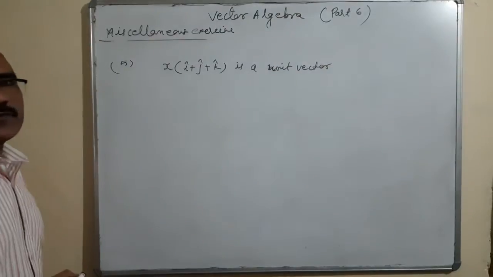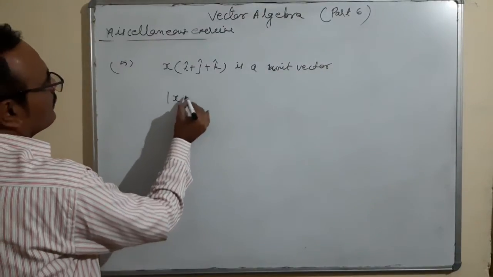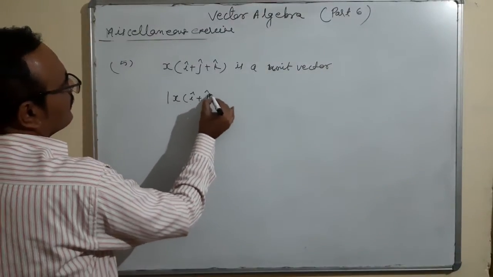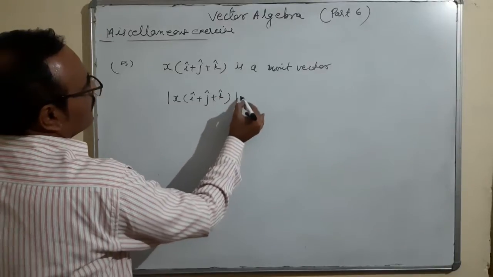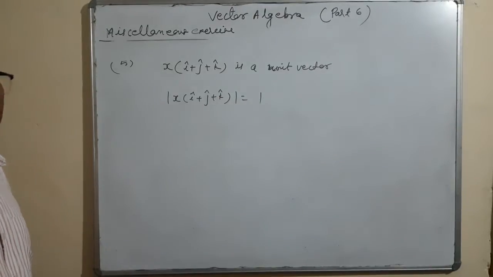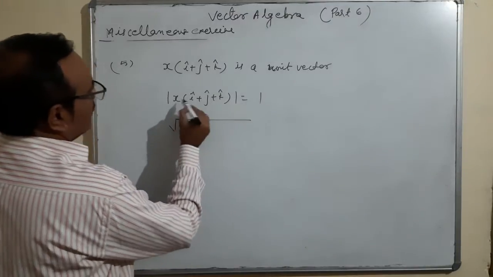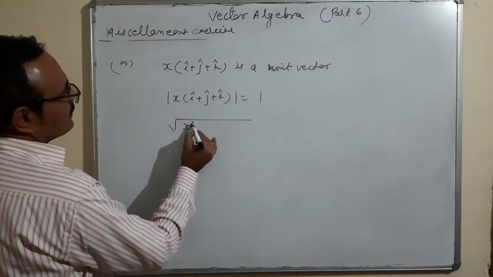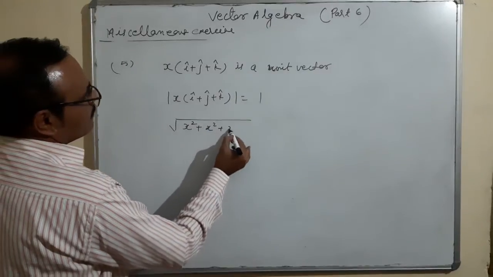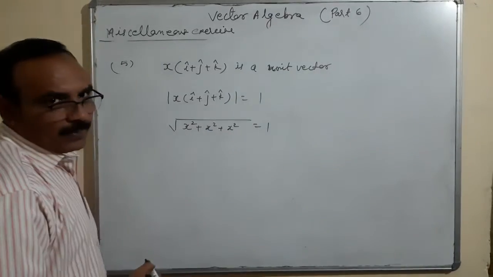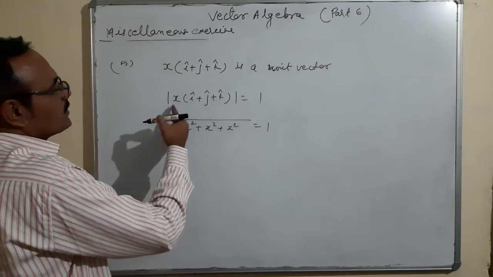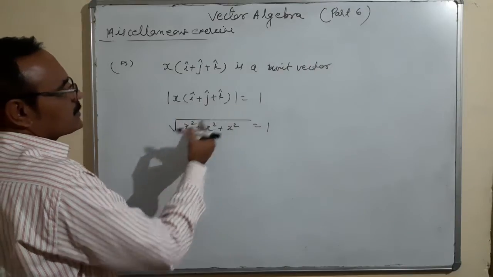And when it is a unit vector, what does it mean? The magnitude is equal to 1. So I'll write in the magnitude form. It is under root x square plus x square plus x square is equal to 1, so x square, it is 1 square plus 1 square plus 1 square.